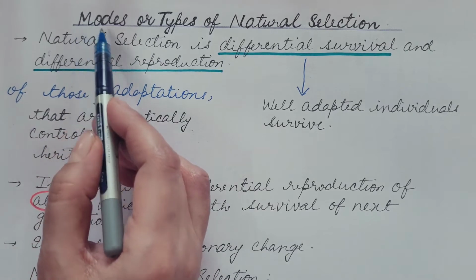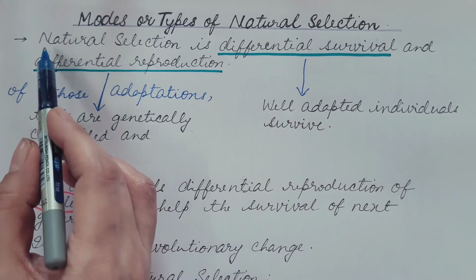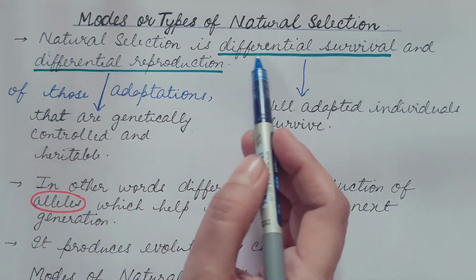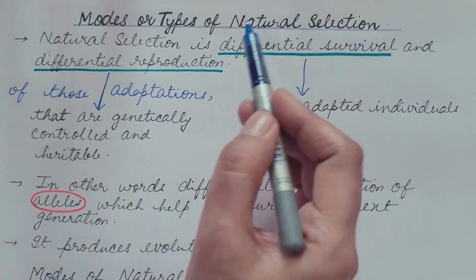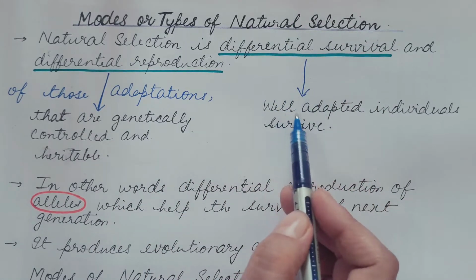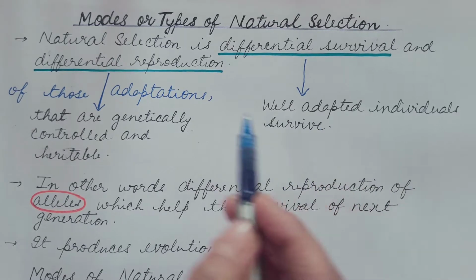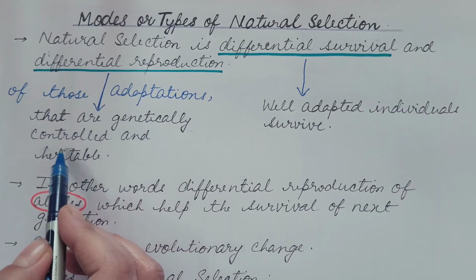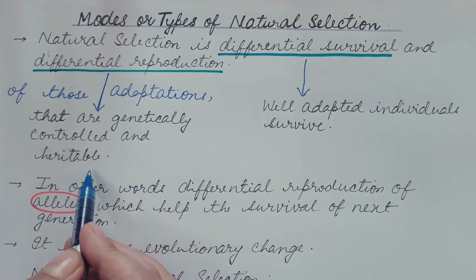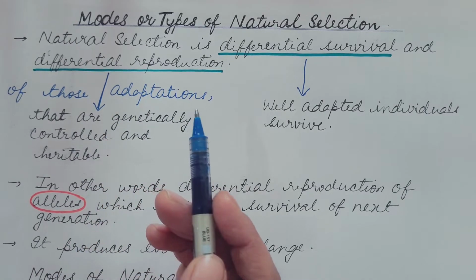Today, we are going to discuss about modes or types of natural selection. We already know that natural selection is differential survival and differential reproduction. Differential survival means only the well-adapted individuals to the particular environment survive. Differential reproduction takes place of those adaptations that are genetically controlled and heritable, because these only can pass from generation to generation.